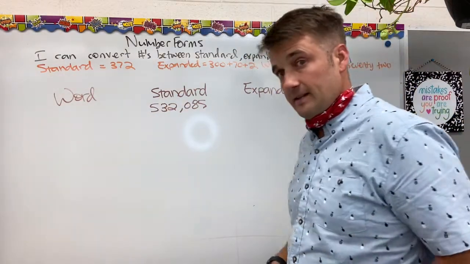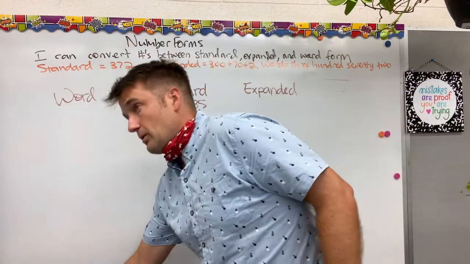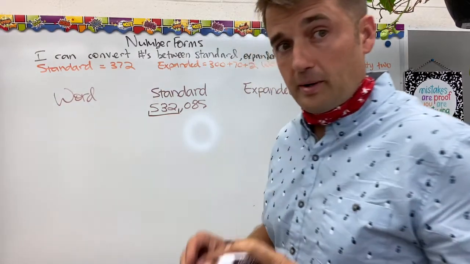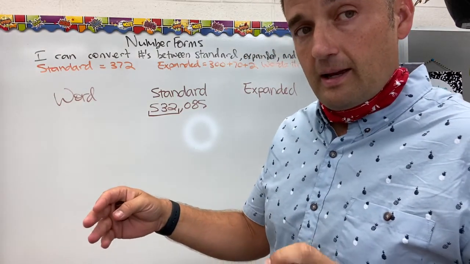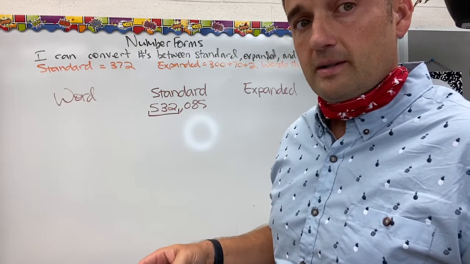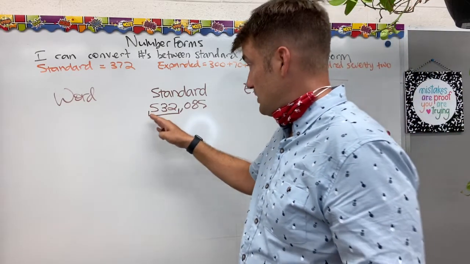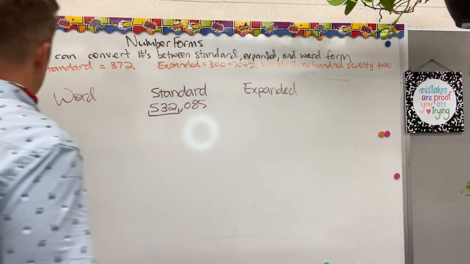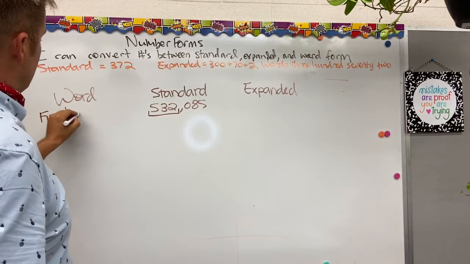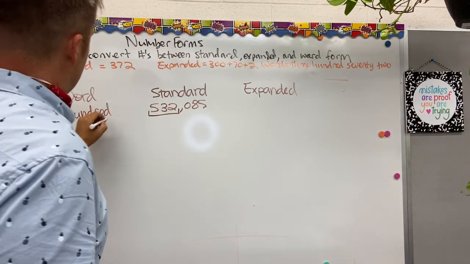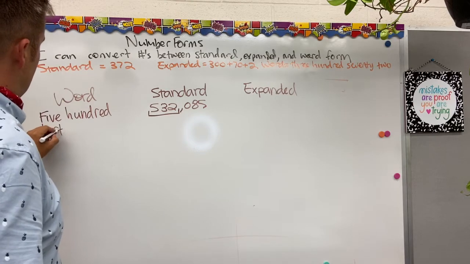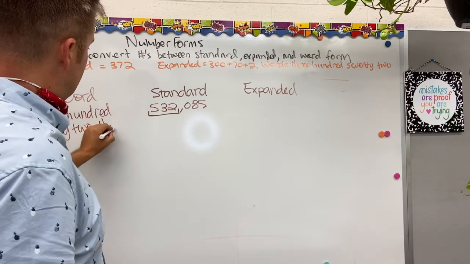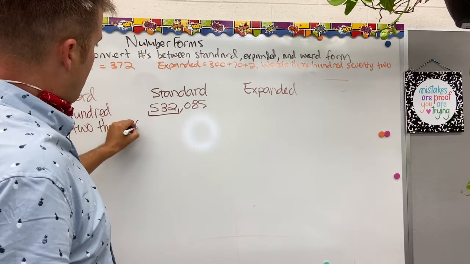The way I do that is I look at this number one period at a time. This is the first period. Remember, periods are chunks of 3, and I'm just going to name that period. If I was just looking at these digits, 532, I would say that number is 532. And then I name the period, thousand.